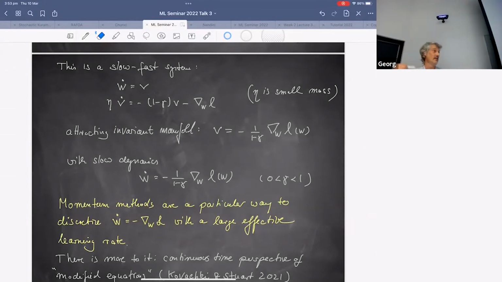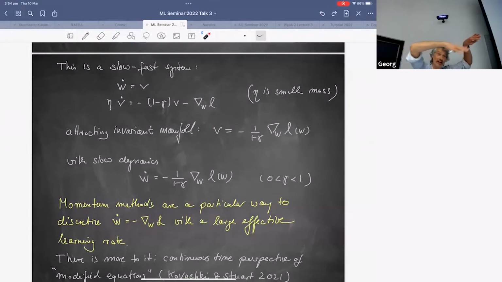And the zeroth order approximation to this manifold is to set eta to 0. Set eta to 0. And then you have this algebraic relationship between v and w. That is a slaving relationship where whatever w does, v follows. Okay, so that's where the dynamics happens on this invariant manifold.